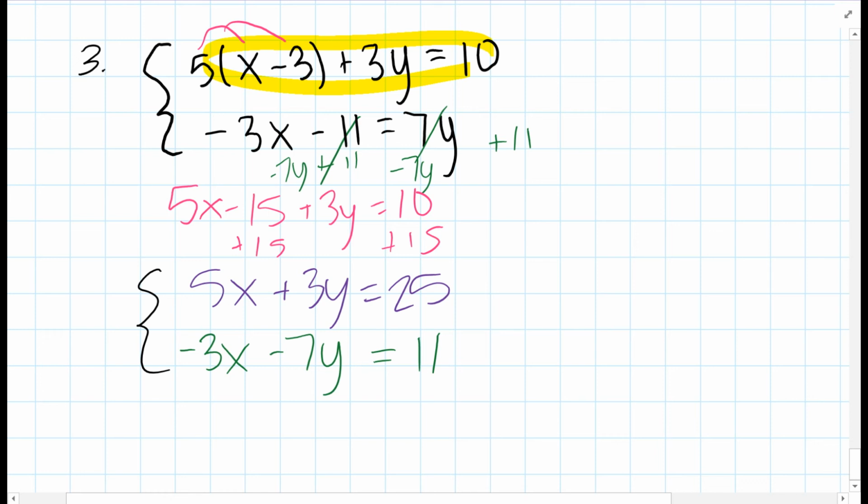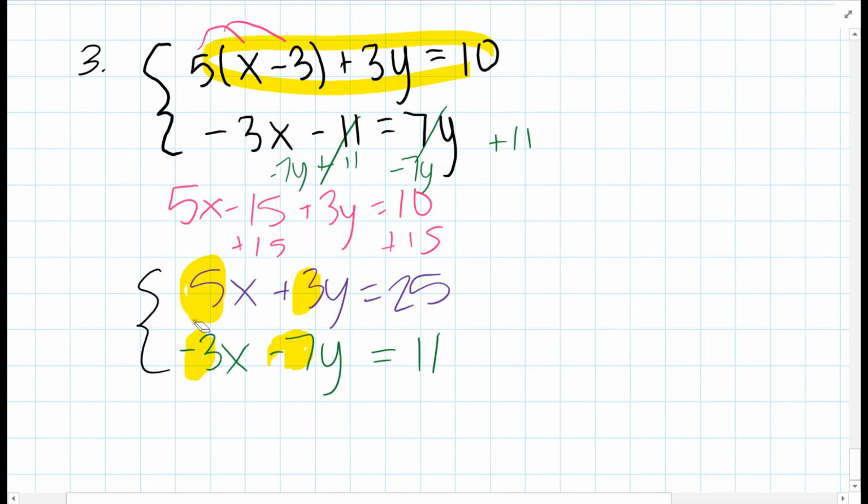Okay, so in this case, there isn't one particular whole number that I can multiply one equation by to get the same or the opposite coefficients for my equations. What I mean by that is there's no whole number that I can multiply 5 by to get to positive 3, and there's no whole number that I can multiply 3 by to get to positive 7.